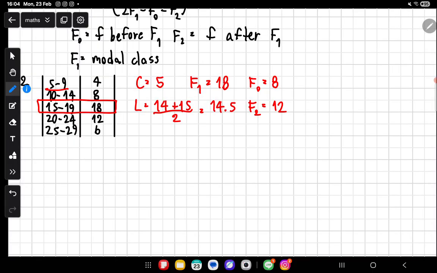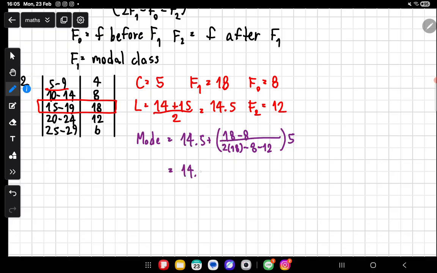Now we can start our final calculation with the information that we have. Mode equals 14.5 plus 18 minus 8 over 2 times 18 minus 8 minus 12 and times 5.